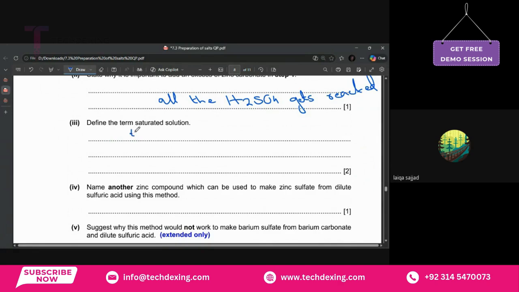We can simply say that a saturated solution contains the maximum amount of dissolved solute at a specific temperature.